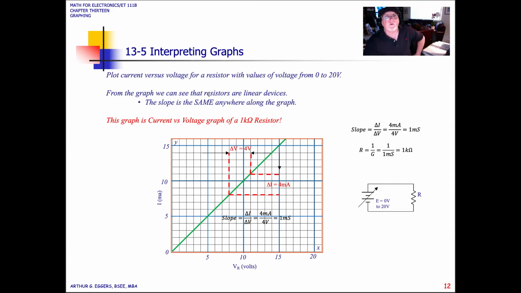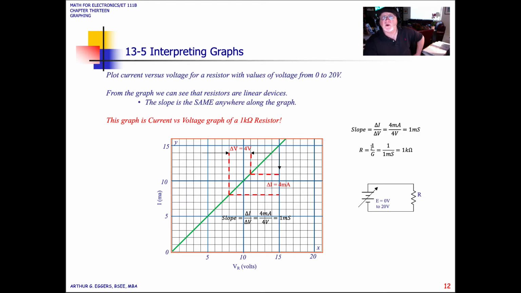From the graph, we can see that resistors are linear devices. As we increase the voltage, the current goes up, but this line itself, the solution, becomes a straight line with some slope. If we solve for that slope, the graph shows us that the current versus voltage graph gives us a constant value of resistance, 1 k ohm. If we plug our values in for the slope, a change in the current of 4 milliamps and a change in the voltage of 4 volts gives us a conductance of 1 millisiemens.